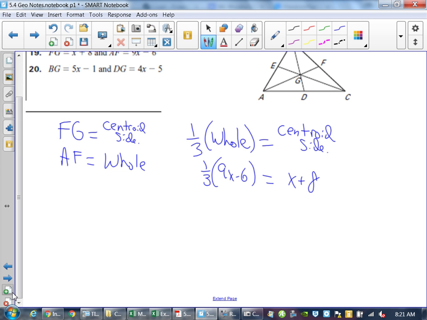So if you distribute the 1/3 to both the 9 and the 6, you get 3x minus 2 is x plus 8. And now you're back to a very easy two-step equation. Subtract x, add 2, and what do you get? You're done.